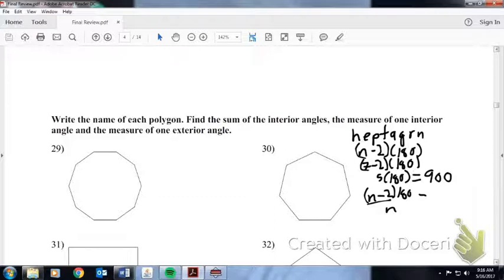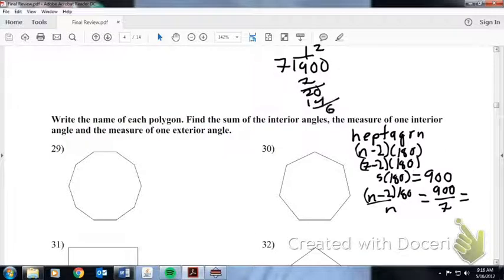So that's the sum of all of the angles, and then we divide it by the number of angles. So we go 900 over 7, not 5, 7. And we get 128.6.